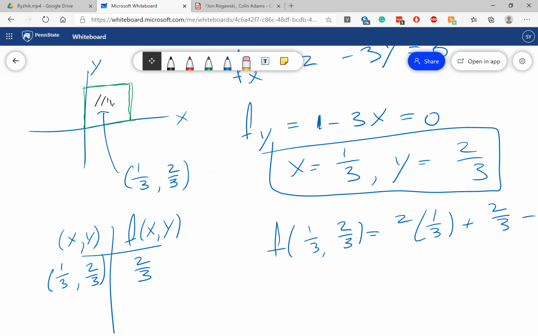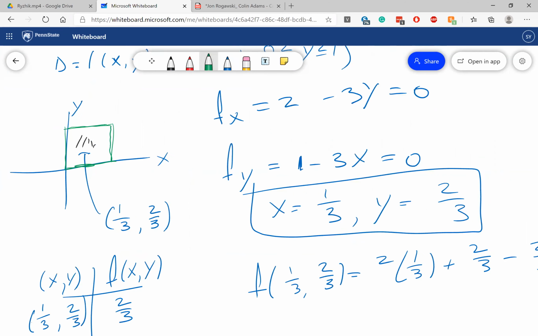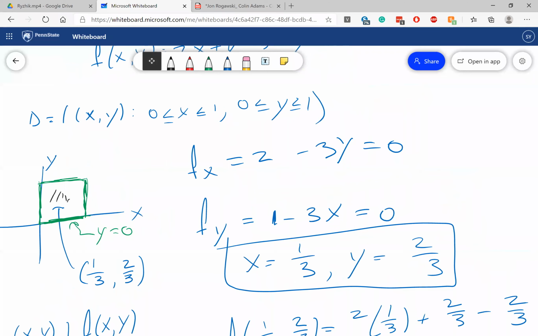But now there might be critical points on the boundary that we missed. So we need to look at the boundary. Let's start with this boundary over here. It's the boundary where y is equal to 0. If we want to evaluate that boundary, we can look back at our function.